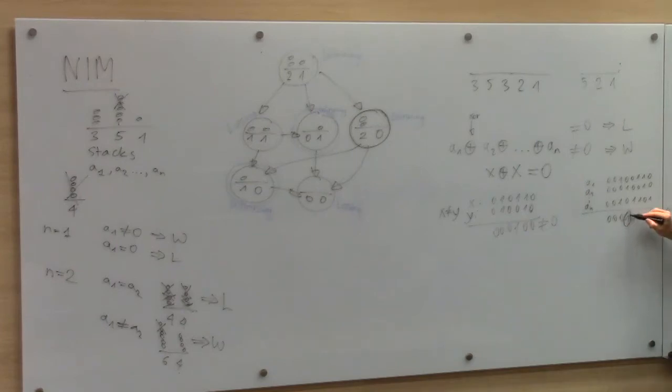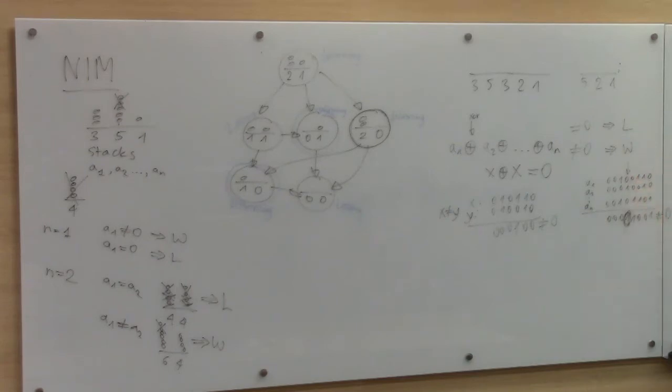Because this bit is 1, we know that in this column there's an odd number of 1s, because if it were an even number of 1s, this would be 0.